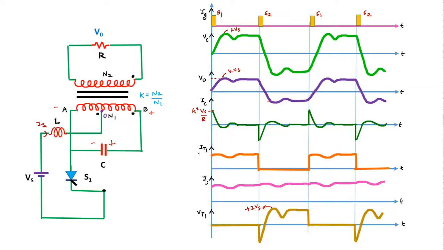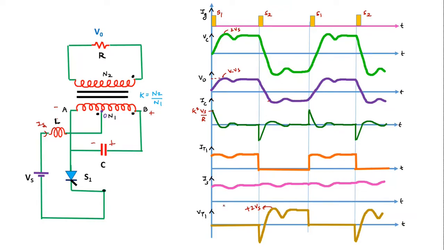The thyristor 1 current, when the S1 SCR is in the on condition, will be equal to the source current. So whatever the waveform of the source current, it will be the waveform of the thyristor 1 current here, as you can see. As soon as this S1 SCR goes into the on condition, the voltage across the S1 SCR, VT1, will be equal to 0 in the ideal condition.